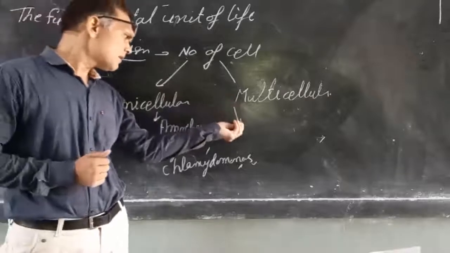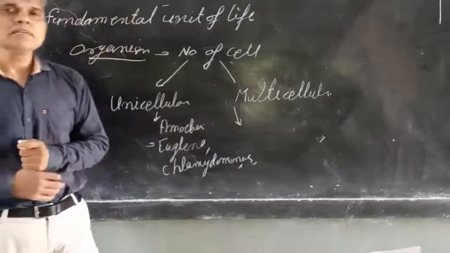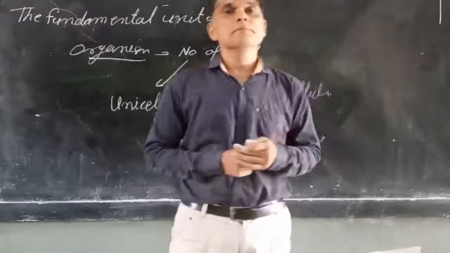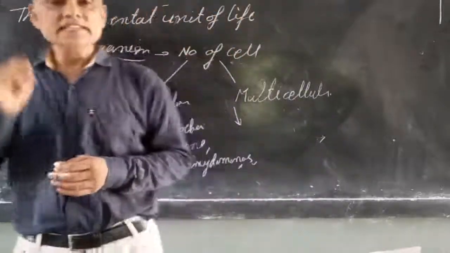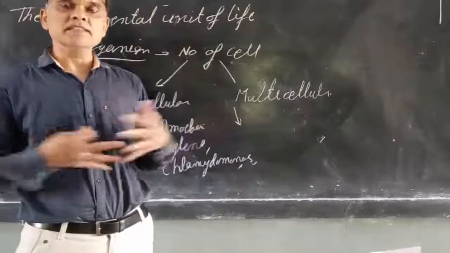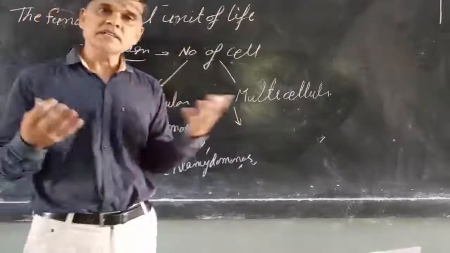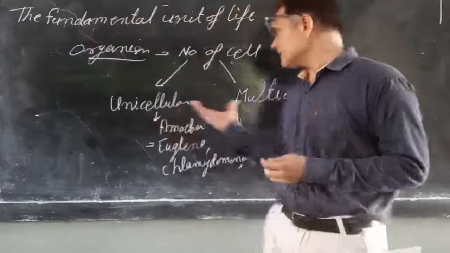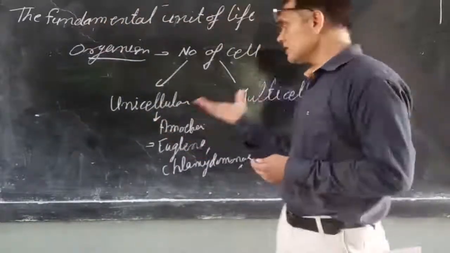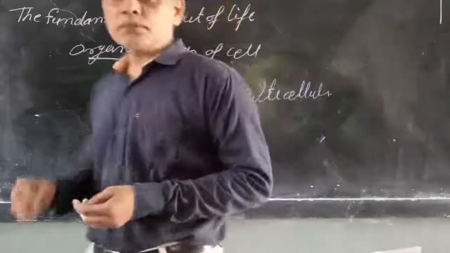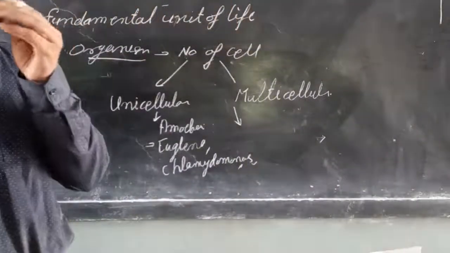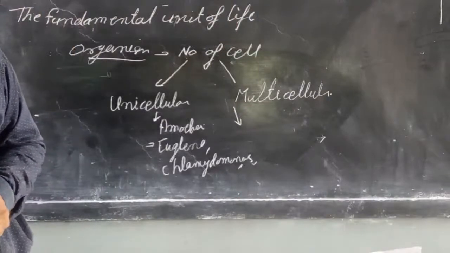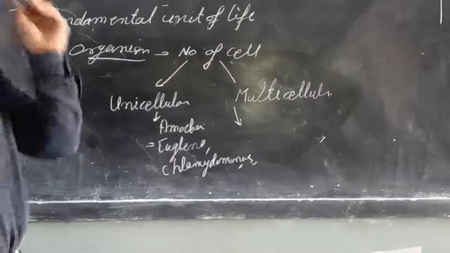And the other is multicellular, meaning the body is made from more than one cell, such as human beings, higher plants, and fungi. So on the basis of the number of cells, organisms are divided into two types, unicellular and multicellular.